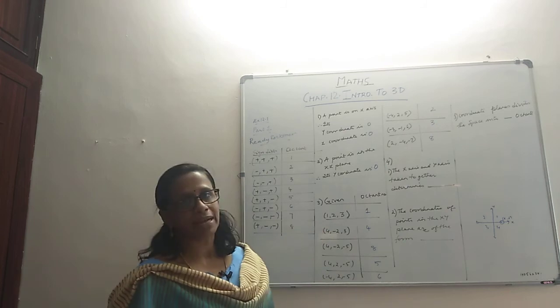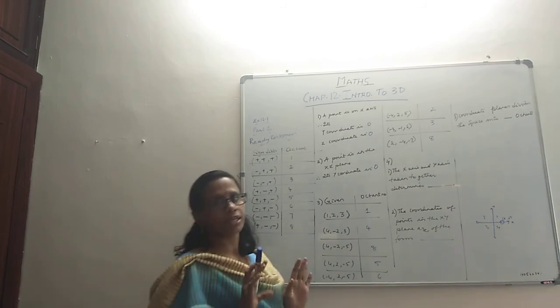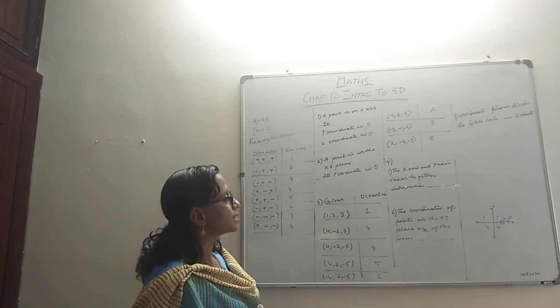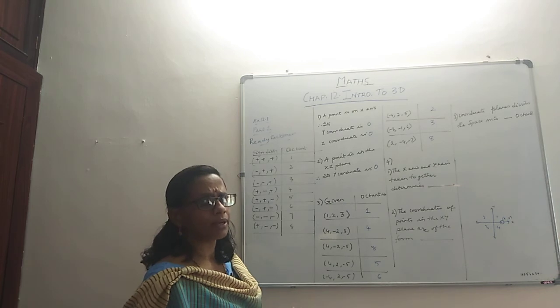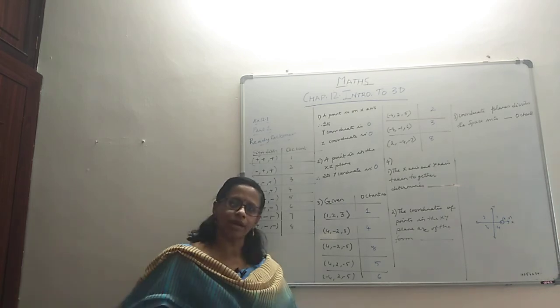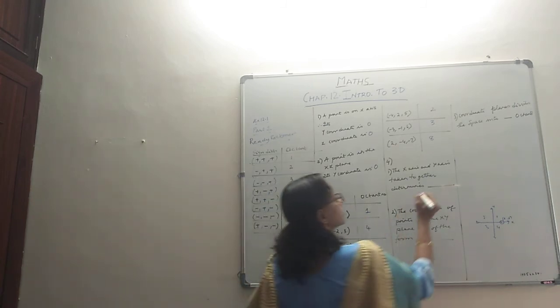Now there is a fill in the blank question. In the same way, we'll keep our understanding open and then try to see how we get it. The x-axis and y-axis taken together will determine what? The XY plane. You take the x-axis and the y-axis together, and it will form the XY plane.